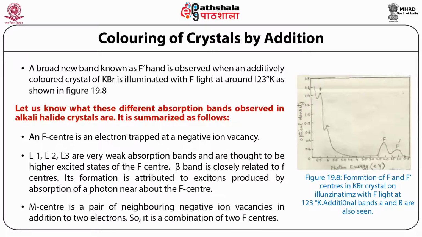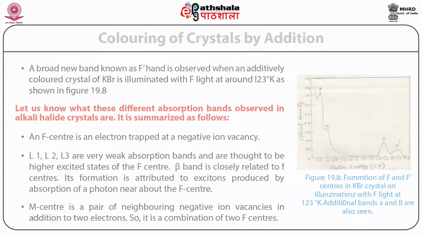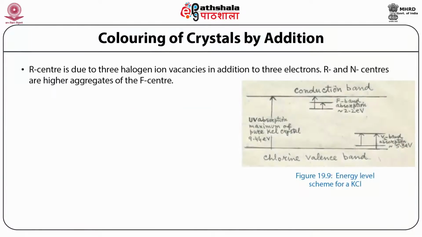Number 3. M center is a pair of neighboring negative ion vacancies in addition to two electrons, so it is a combination of two F centers. Fourth, R center is due to three halogen ion vacancies in addition to three electrons. R and N centers are higher aggregates of the F center.